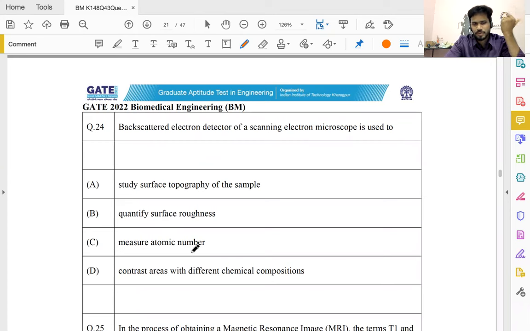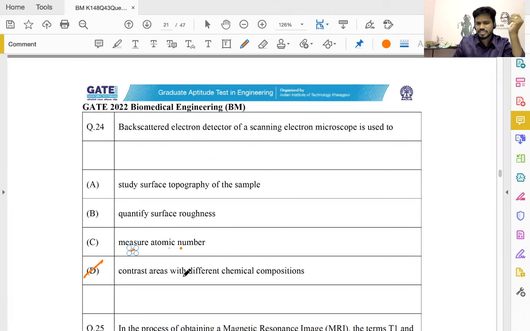But that doesn't mean we can measure atomic number. Say there are grains of two different atoms nearby, we can actually say, oh no, this is one composition, this is another composition. Or we have alloys with varying compositions. We can get a contrast at best.